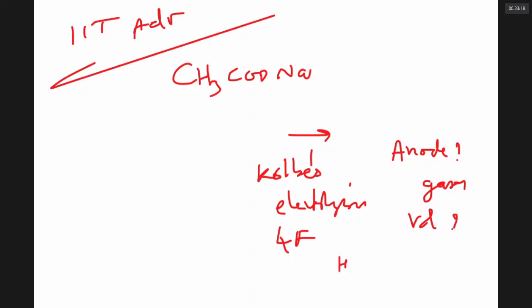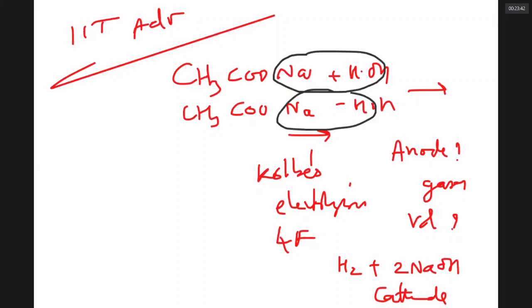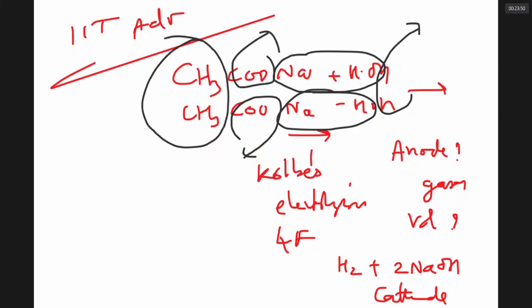Notice, hydrogen and NaOH are produced at the cathode. Whenever I take sodium acetate, 2 moles of it react with water in the presence of current, so that I get NaOH 2 moles, H2 gas 1 mole, CO2 2 moles, and ethane 1 mole.